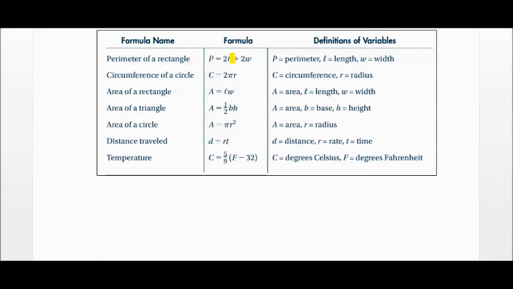We've got 3 variables going on here, P, L, and W. P in this case stands for perimeter, L stands for length, and W for width. So you would plug in the width and the length here, and the result would be the perimeter.